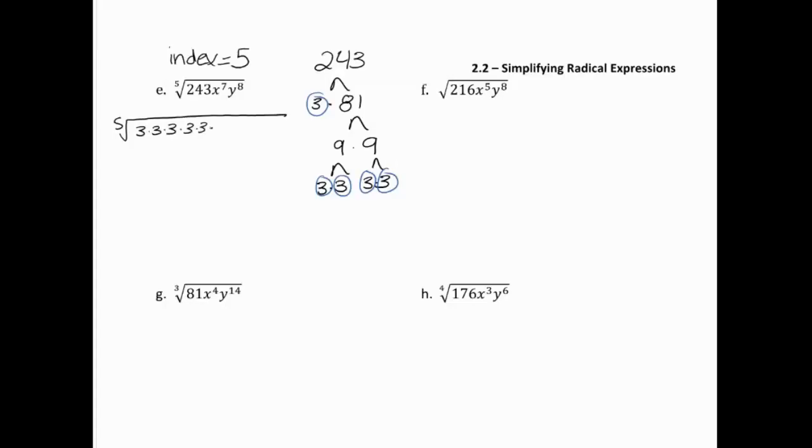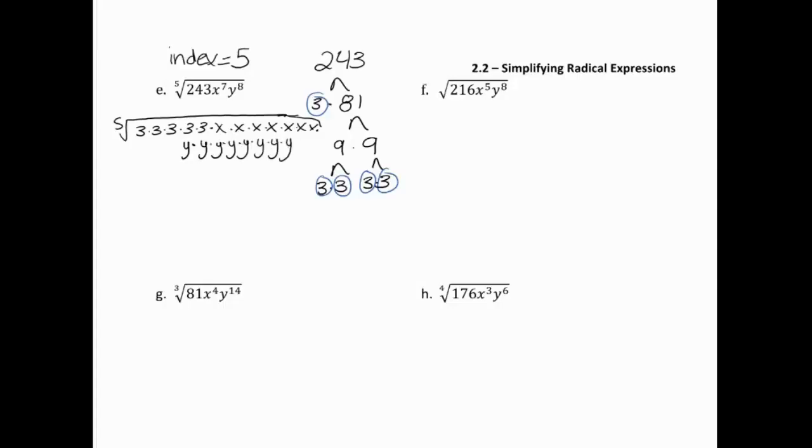X to the 7 means that we're going to have x times x times x times x times x times x times x, which is 7 x's, times y to the 8. So 8 y's: 1, 2, 3, 4, 5, 6, 7, 8.